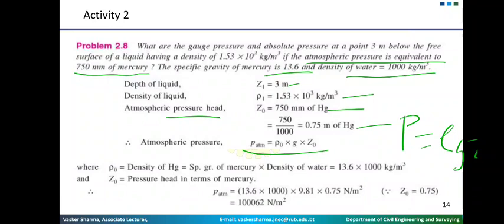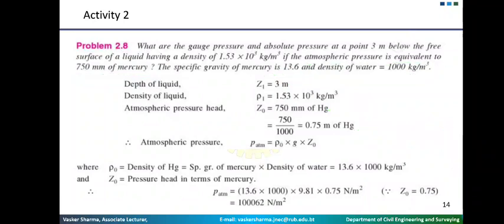Here the density is the specific gravity times 1000, g is here, and Z naught is here. So the atmospheric pressure comes to about 10,000-something Newton per meter square. Okay, so that is your atmospheric pressure.